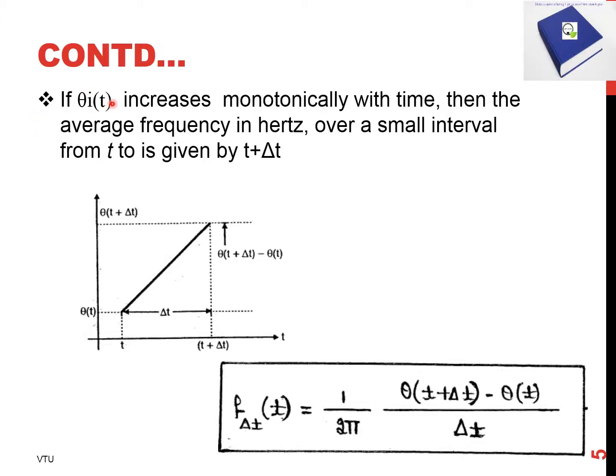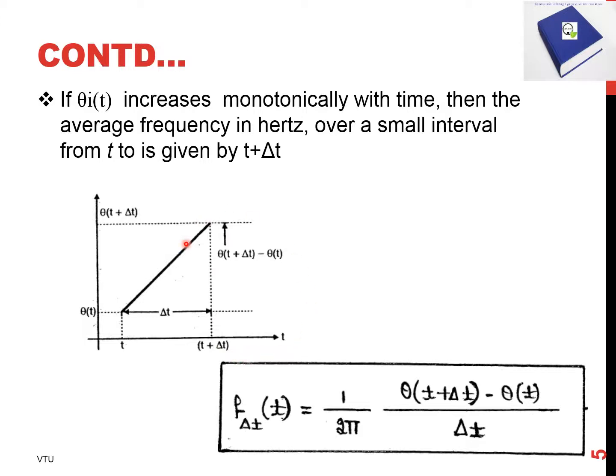Now, if theta i of t increases monotonically with time, as shown in this figure, then the average frequency in hertz over a small interval from t to t plus delta t is given as follows. If it increases monotonically as per this figure, the time interval is t to t plus delta t.